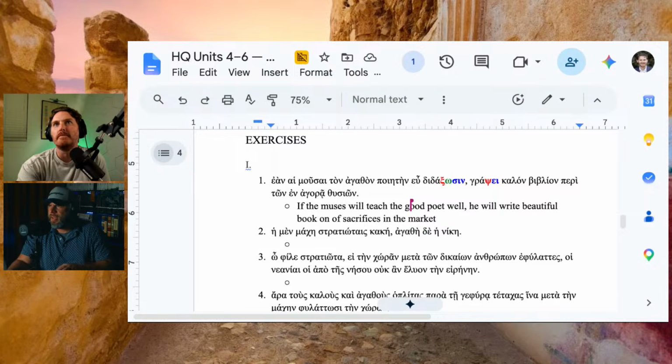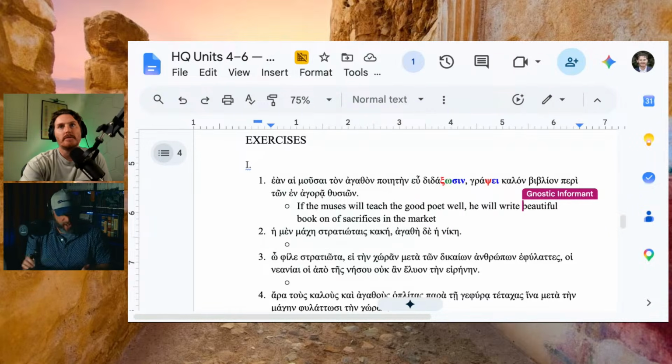If the muses teach the good poet well, he will write a beautiful book on sacrifices in the market.